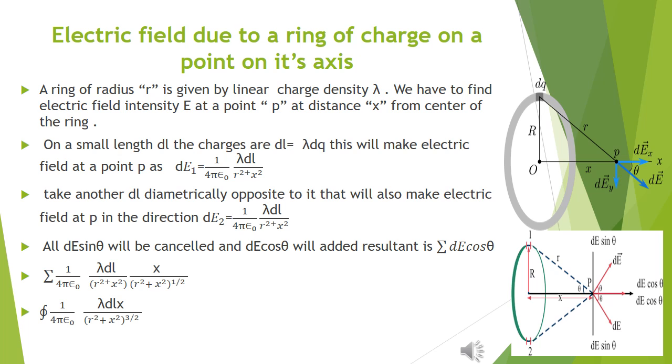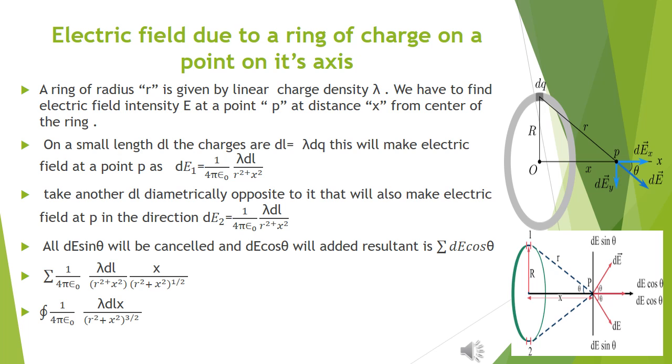When we take 2 points diametrically opposite, we have another diameter also. So for every electric field, dE sin theta of one point will be cancelled by dE sin theta of another point. Then what will be the resultant electric field? The resultant electric field is the summation of dE cos theta.